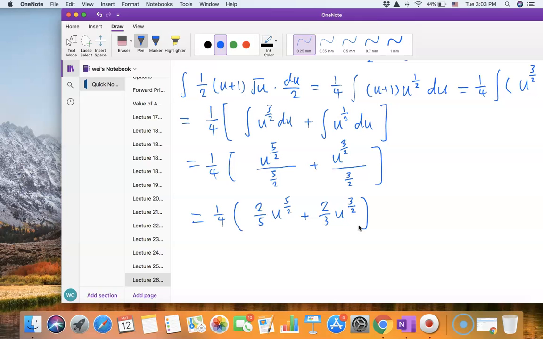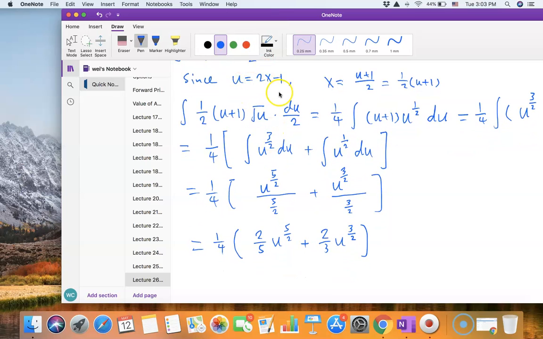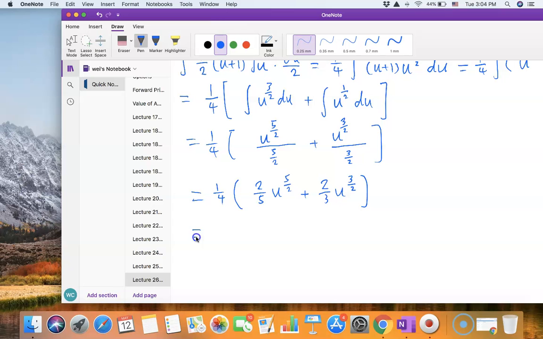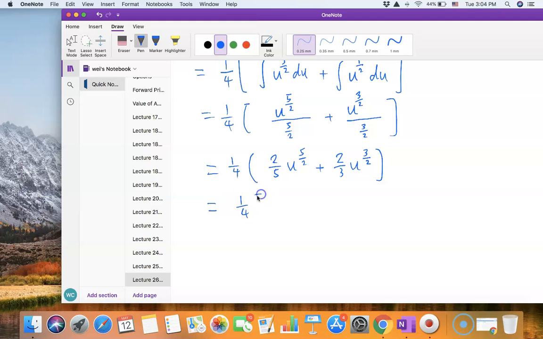Okay. Now at the end, don't forget to bring the x back. Since u is 2x minus 1, the answer is 1/4 times 2/5 times 2x minus 1 to the power of 5/2 plus 2/3 times 2x minus 1 to the power of 3/2 plus c.